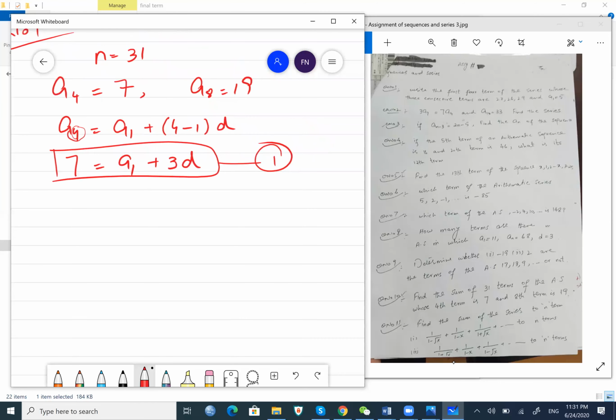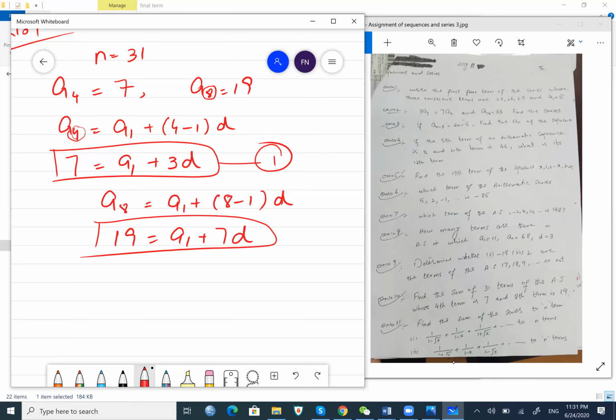Similarly, we are given the eighth term, so I write 8 here. So the eighth term A8 is A1 plus 8 minus 1 times D. So A8 is 19, equals A1 plus 7D. So this is our second equation.